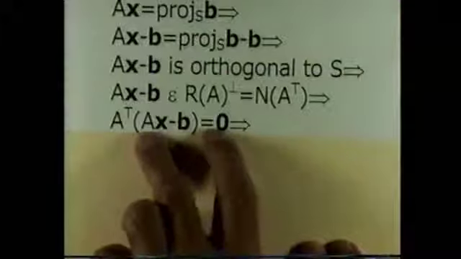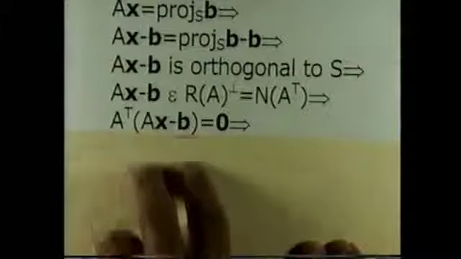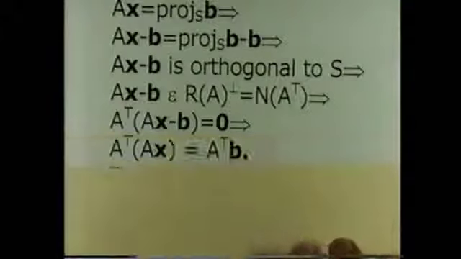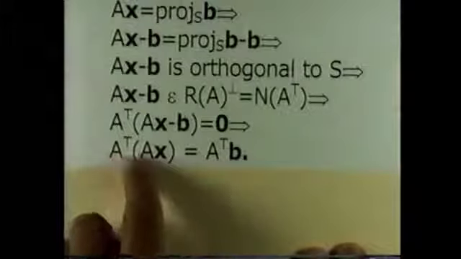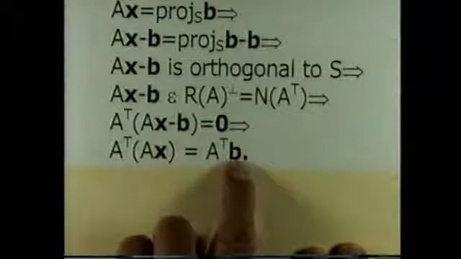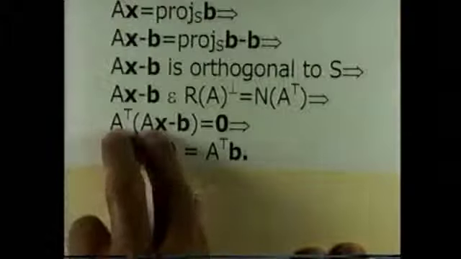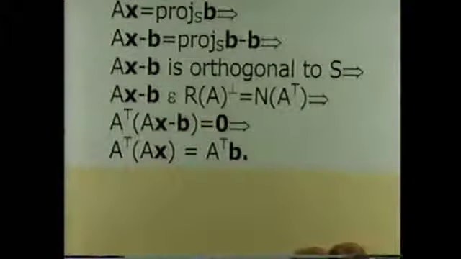Then A transpose times (Ax minus b) is 0. That's what it takes to be in the null space. Doing a little algebra, I get A transpose A x equals A transpose b. I just used the distributive property, then added to both sides.